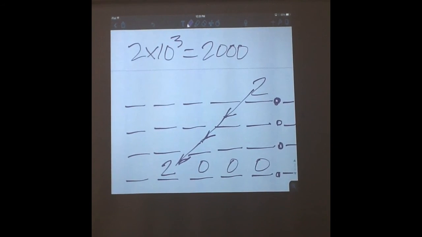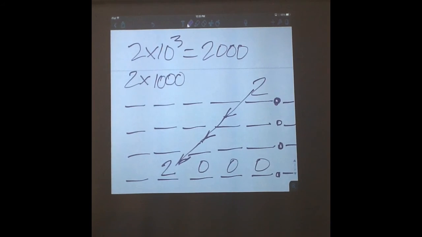Cool, huh? That would be the same as 2 times 1,000, right? So do you see how the shifting method works for our exponents that are in tens? This only works with your exponents in tens. Or hundreds or thousands. Does that make sense? Yes.